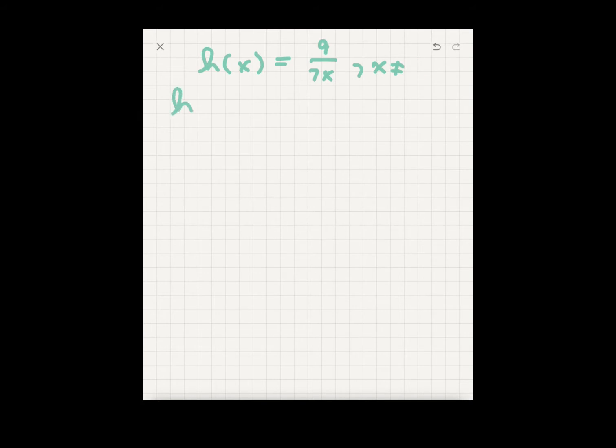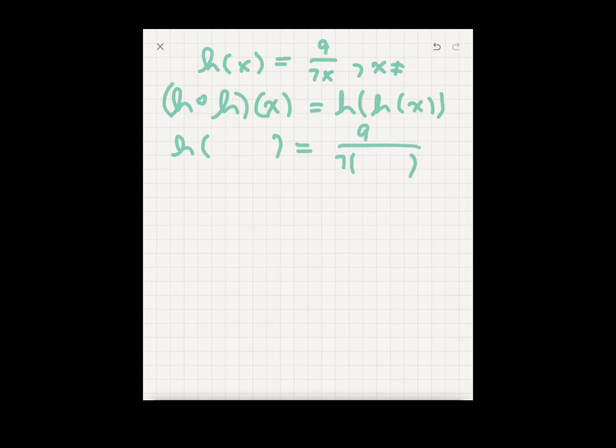I am interested in simplifying h of h of x. So that means I have h of something, and h of something means that I have 9 over 7 times that something.